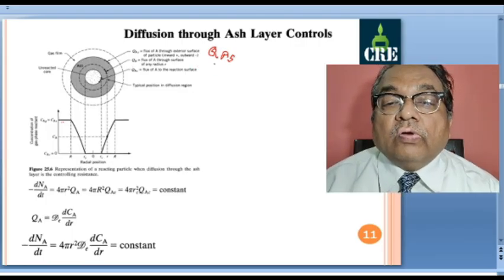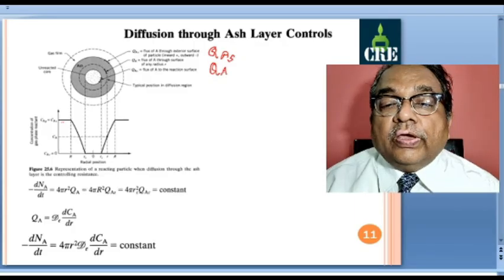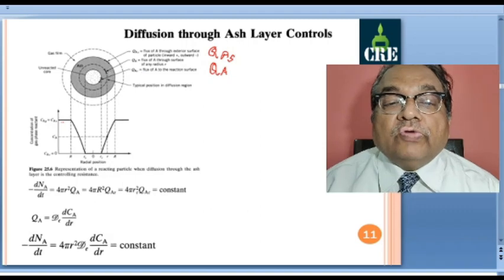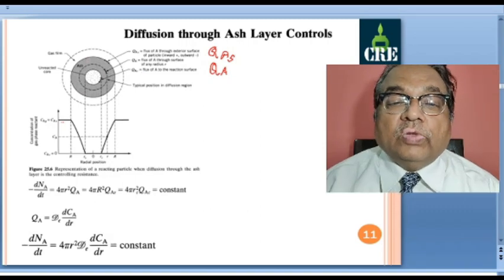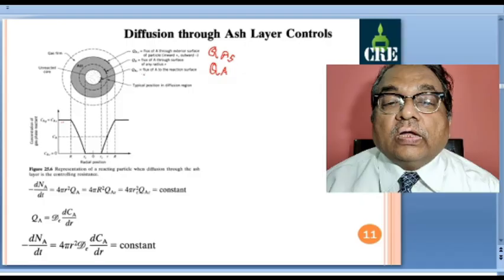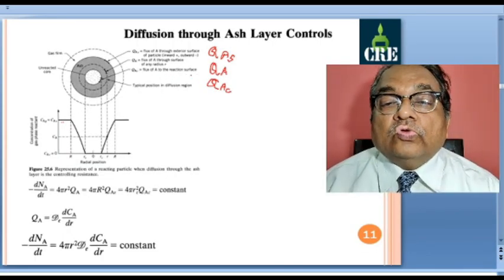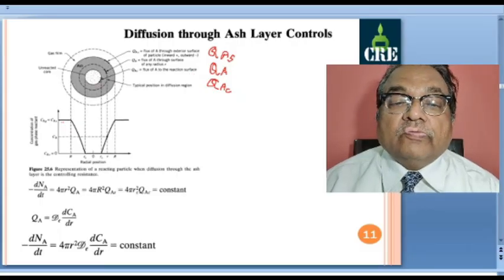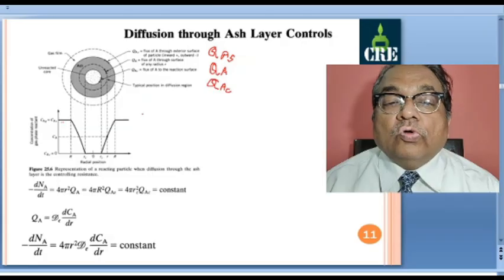Then we have another flux we have defined, QA, that is the flux of A through the surface of radius r. Small r is variable, so for any radius r. And the third one is QA subscript C, for core, the flux of A to the reaction surface. Reaction surface means the outer surface of the unreacted core.